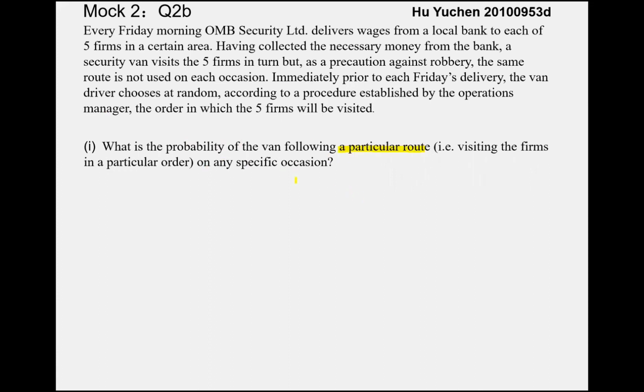If we want to know this probability, we should first know how many routes there are. So we need to rank these 5 firms. Why do I rank them? Because one kind of order equals 1 route. Okay, then how to rank them?